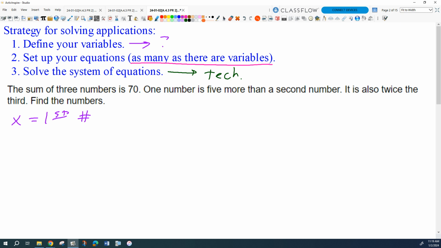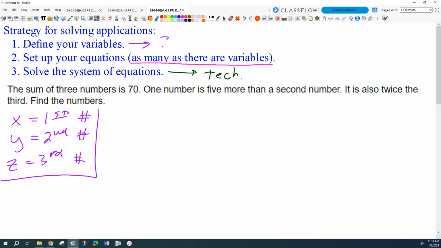Means all those things. There you go. Okay, so x is the first number. Y we could call the second number. And z be the third number. Okay, so how many equations do I need? Got to have three.